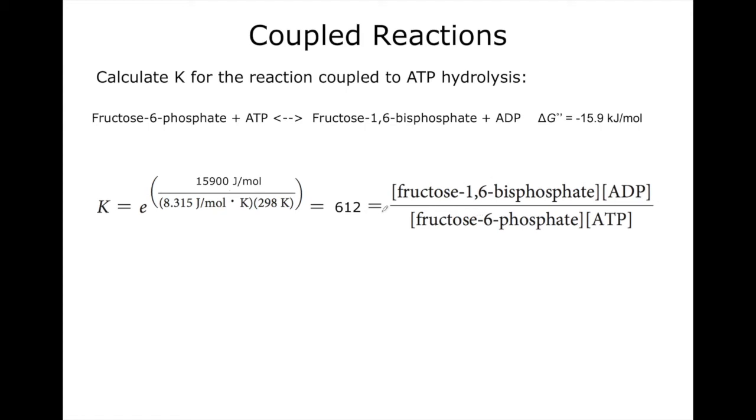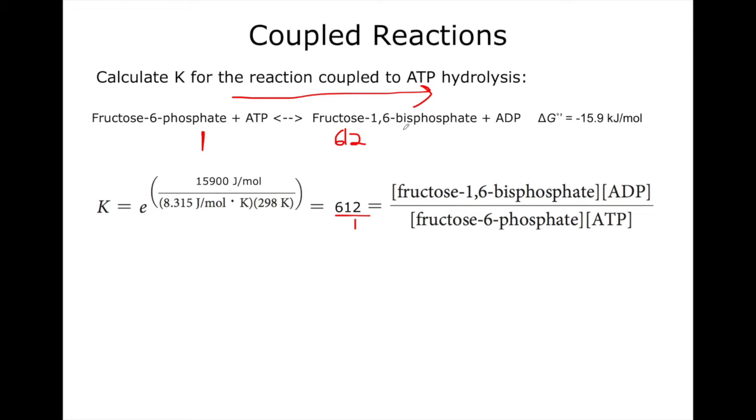Now again, that's a much, much higher ratio than what we saw for the uncoupled reaction. For every 1 mole of our reactants, we have about 612 moles of the product.